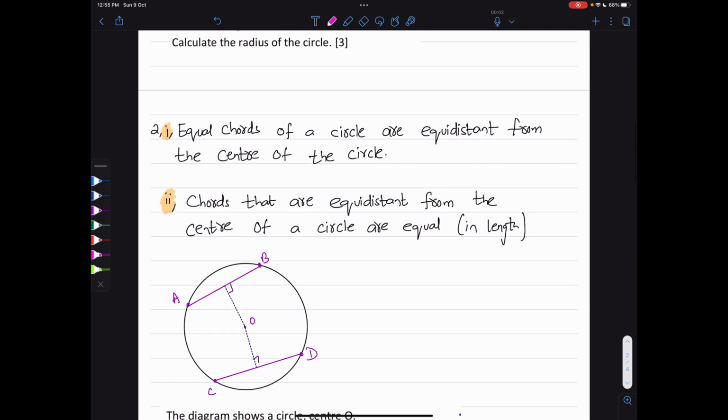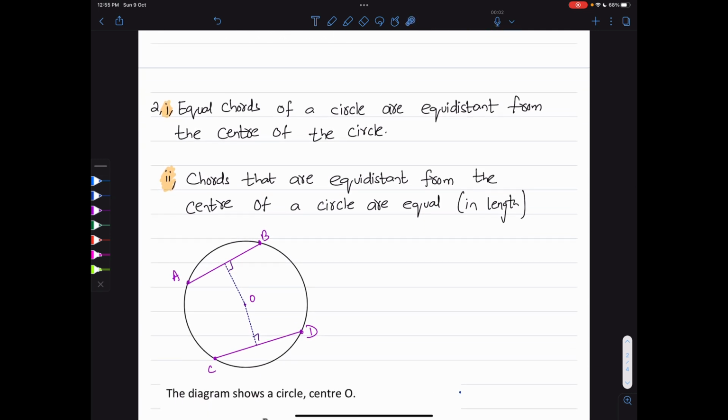The second property is that equal chords of a circle are equidistant from the center of a circle, which simply means that if you know that the two chords AB and CD in a circle are equal in length, then the distance from the center must also be equal.